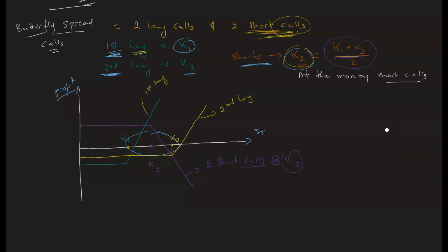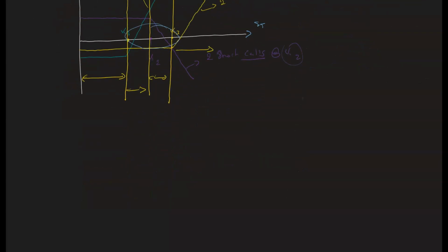So let me split this first. We have the first window between 0 and K1, then the second window between K1 and K2, the third window between K2 and K3, and the last window above K3.